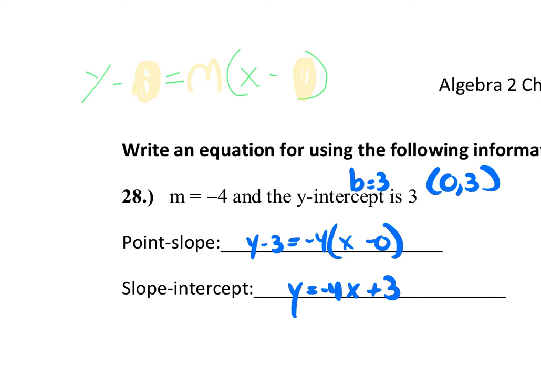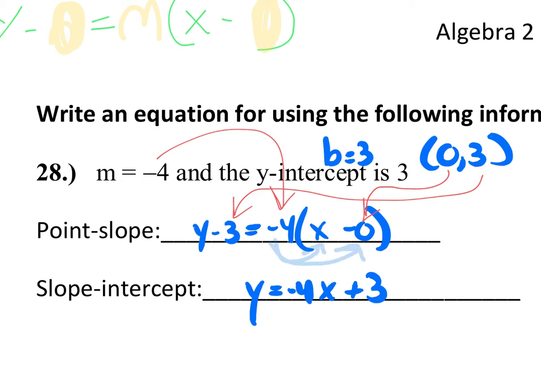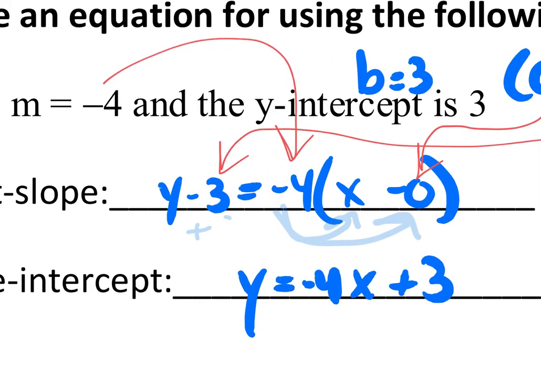So notice what I did here. If the y-intercept is 3, my coordinate point is (0, 3). So there's me filling in the x-coordinate. There's me filling in the y-coordinate. There's the slope. Now there's two ways of finding slope-intercept. One way is to distribute the -4 here to both spots, and then add 3 to both sides.